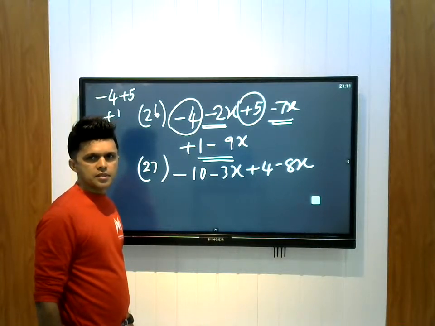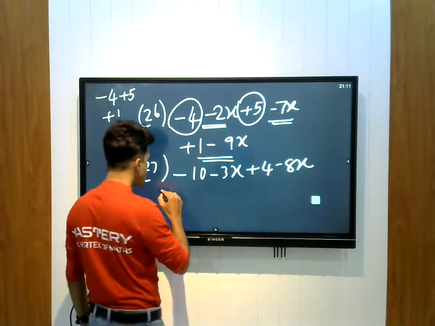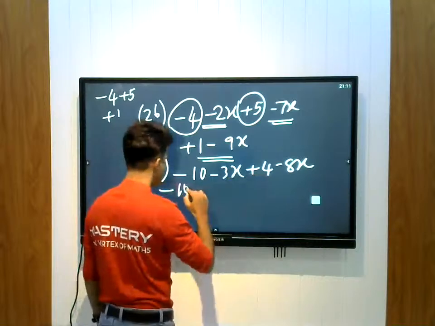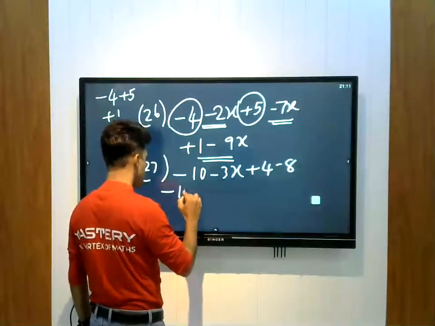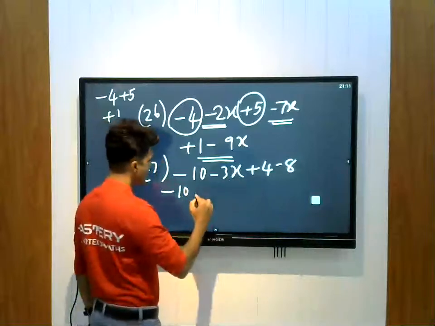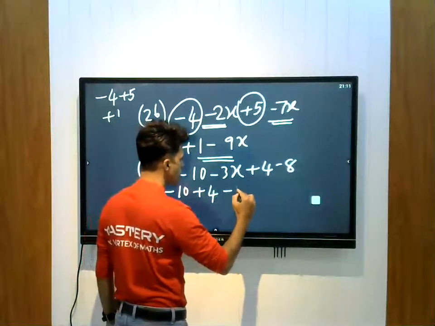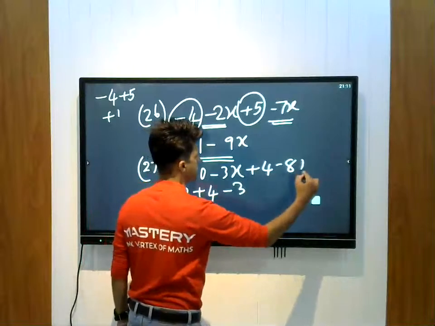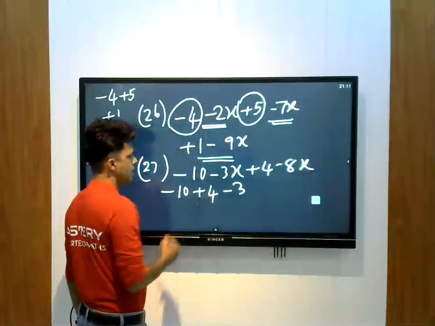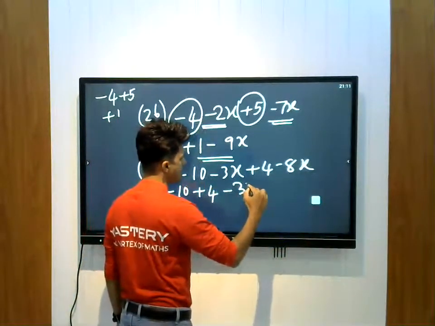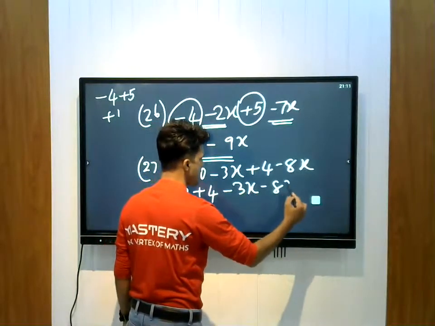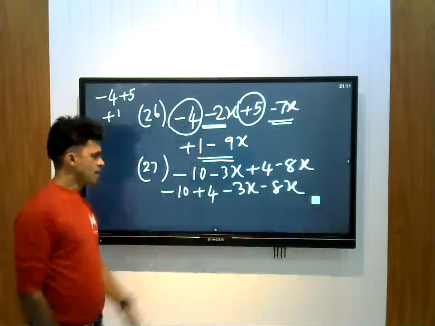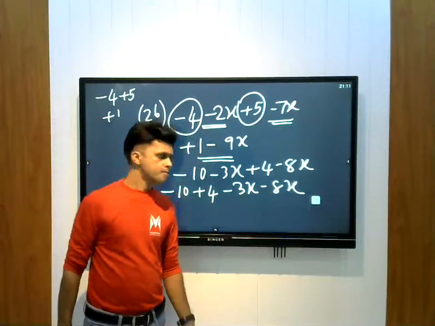What are the like terms? Minus 10 and plus 4 can be written here. And also minus 3x and minus 8x can be written in this way.